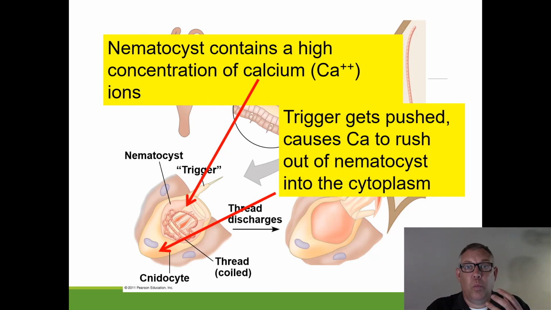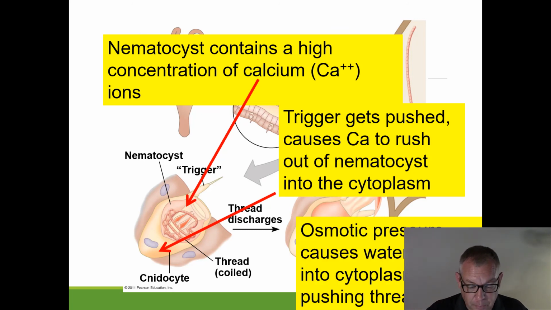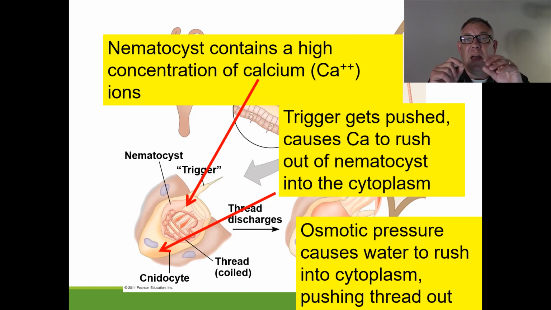And where does water flow? When a cell is hypertonic, what happens? Water wants to flow into the cell, and the cell wants to swell, right? So instantly, you've got this cell that has lots of calcium in it, and this trigger has pushed open the cap on this cell, so water wants to rush in and can rush in.